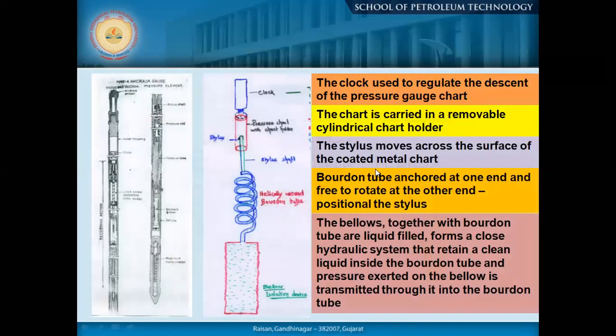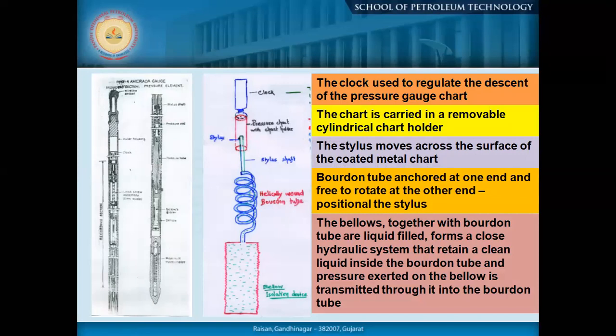Here, you see, this is a bellow. If the pressure is increasing, this helically coiled Bourdon tube will rotate and mark here. This mark is on a holder where a 5 inch by 2 inch carbon chart is placed, and this clock is a mechanical clock, just like our initial table clock.